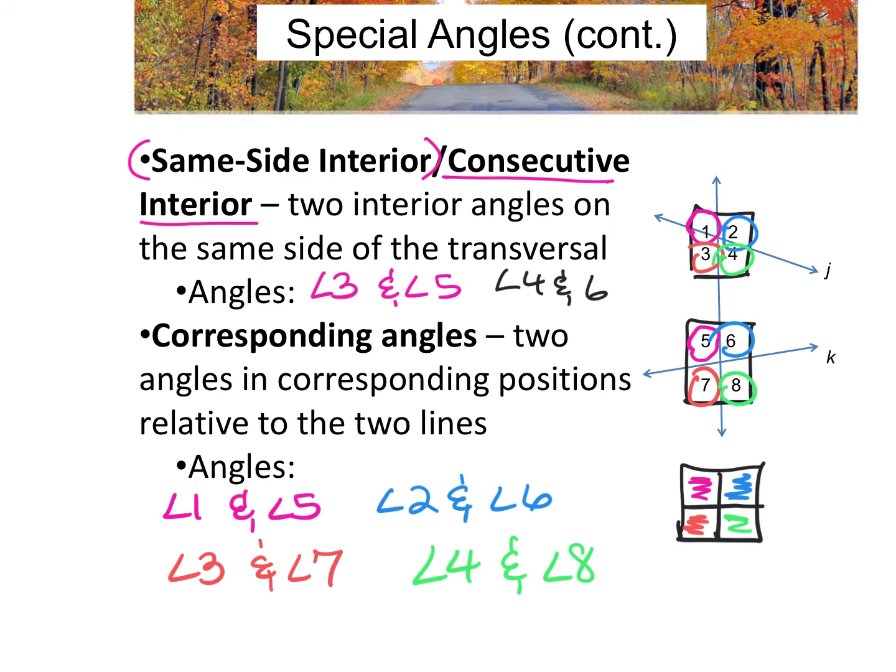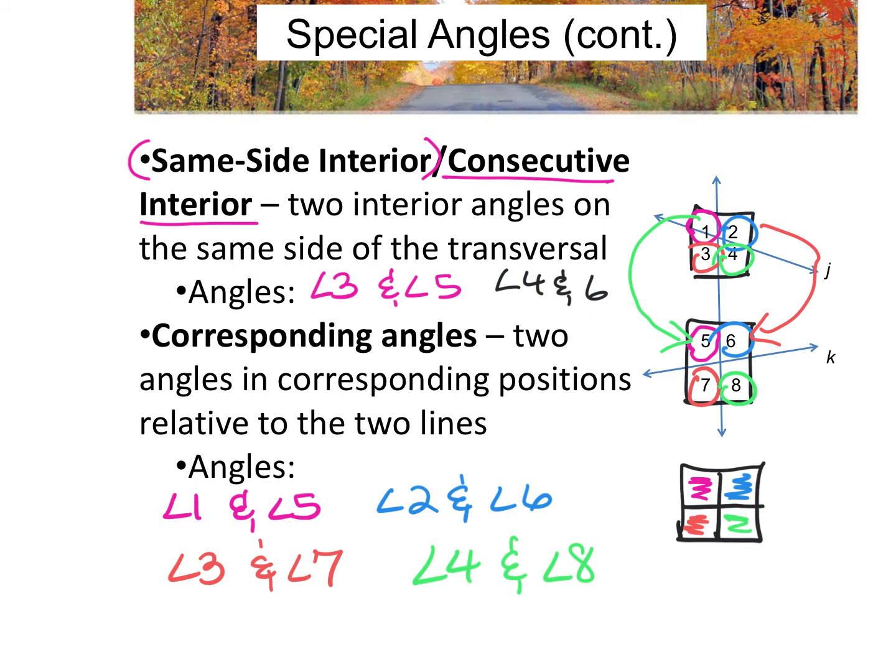So you can either choose to draw the box around and then match their spots, or another way to describe this is the pairs are on the same side of the transversal, but to get to its corresponding, it has to jump over one. So you see how 1 jumps over 3 to get to 5, or you could say 2 jumps over 4 to get to its corresponding, which is 6.